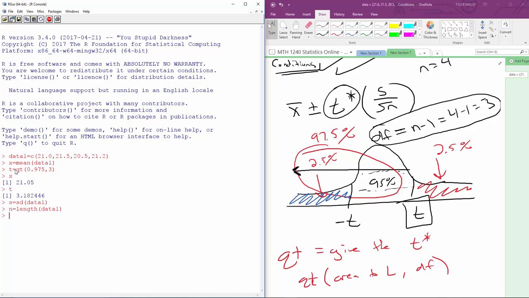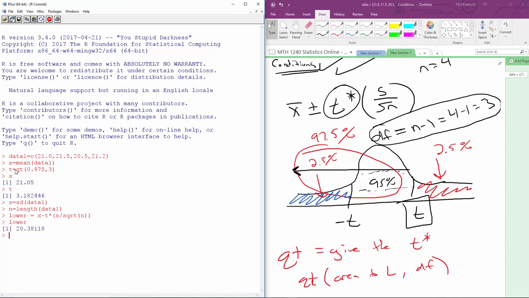So now I can just reference those variables. The confidence interval is going to be x minus. So I could do lower is going to equal x minus t times s divided by the square root of n.